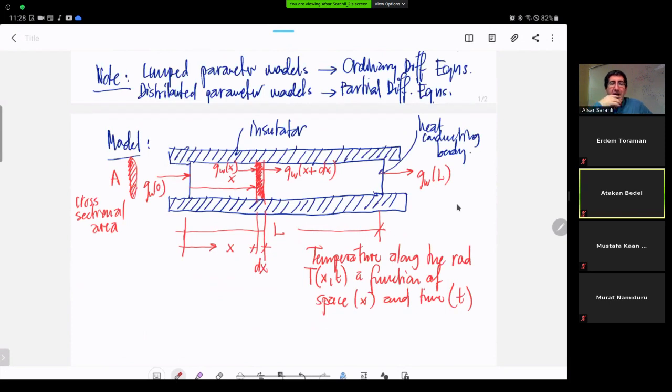It's going to be a function of time, so the temperature at every location in this rod will be changing with time as a response to the incoming heat flow and an outgoing heat flow. And we want to know the model of how this thing behaves. This is a distributed model because the temperature across this heat conducting body is a function of time and a function of space along that rod. Alright. Do you guys have any questions at this point?